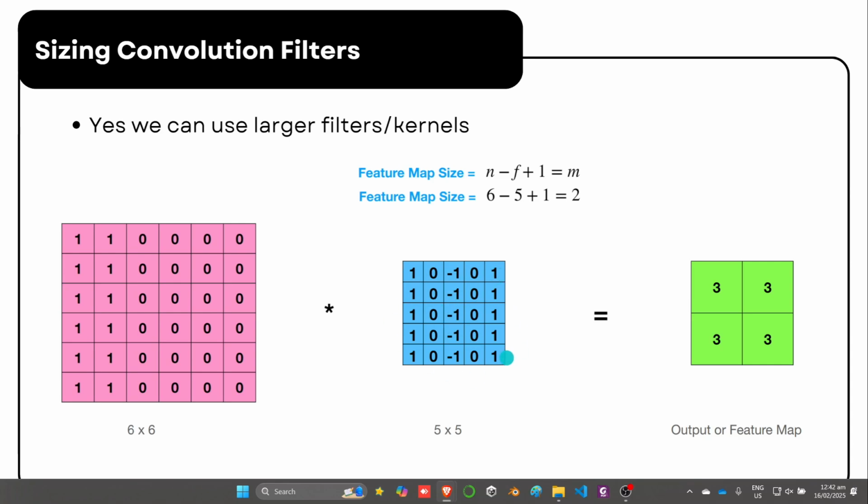Okay, this one is a 5 by 5 kernel, and this is a 6 by 6 image here. So we have this formula to check the feature map size: n minus f plus 1 equals m. Here n is the dimension of this image, which is 6 by 6. So 6 minus the filter size or the kernel size, which is 5, then 6 minus 5 plus 1 is equal to 2. So we have a feature map size of 2 here.